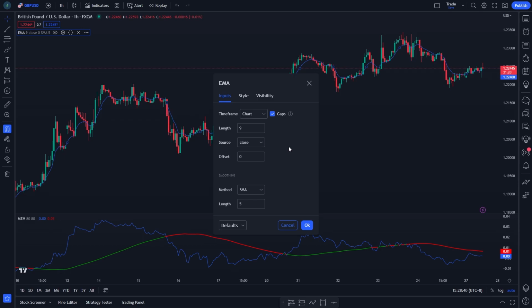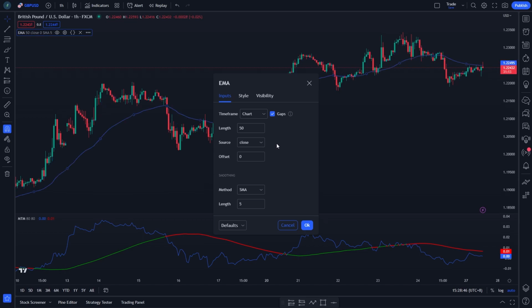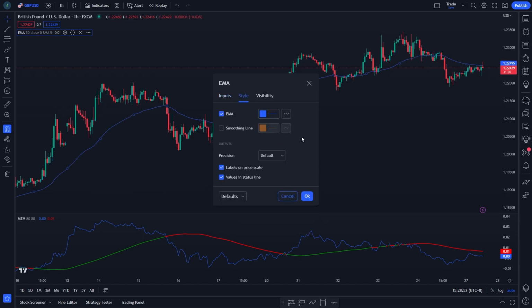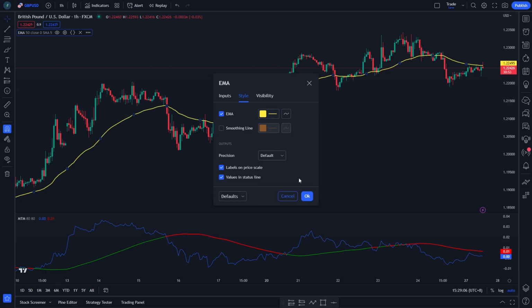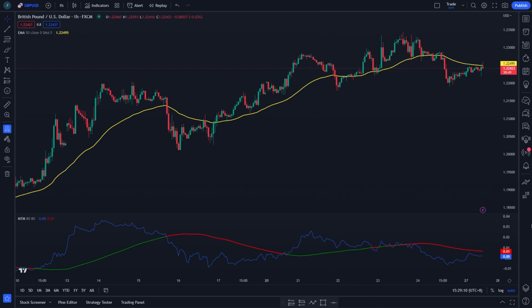On Input, change the length to 50. On Style, let's change the EMA color to yellow and make it a little thicker. And your chart will look like this.